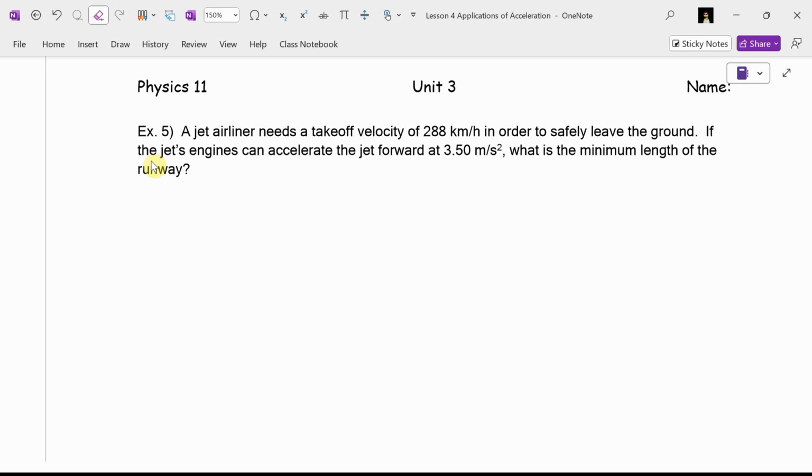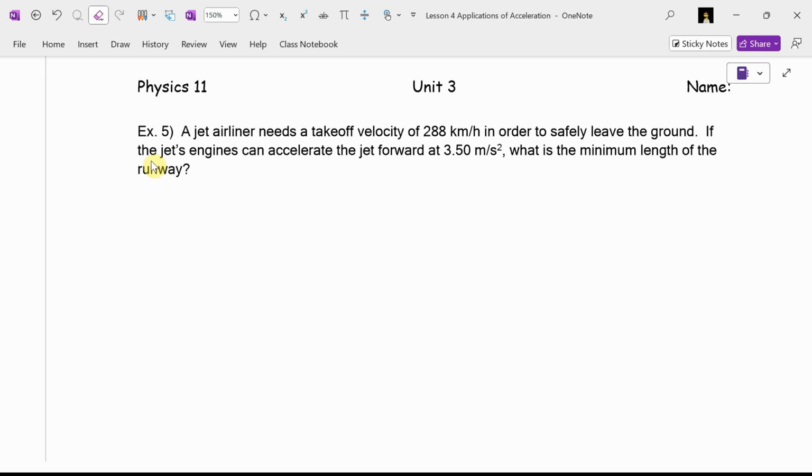Let's suppose you've been hired to design a runway, and you know that the jet airliner needs a takeoff velocity of 288 kilometers per hour in order to safely leave the ground. I think I looked these numbers up. I think it's the Boeing 707 I was pulling numbers from. If the jet's engines can accelerate the jet forward at 3.5 meters per second squared, which is what I lifted from their website.